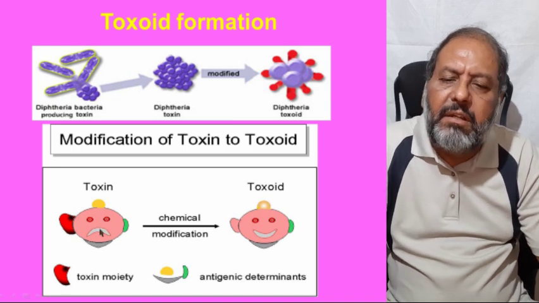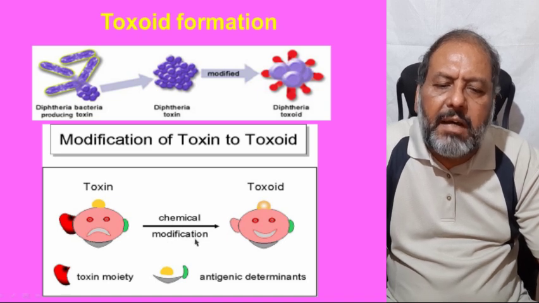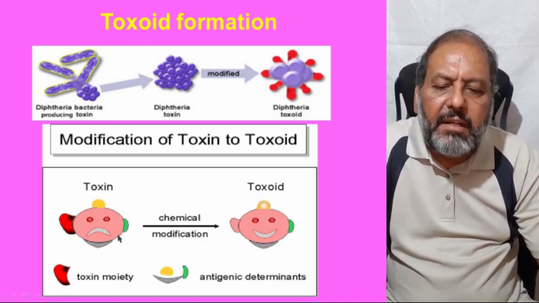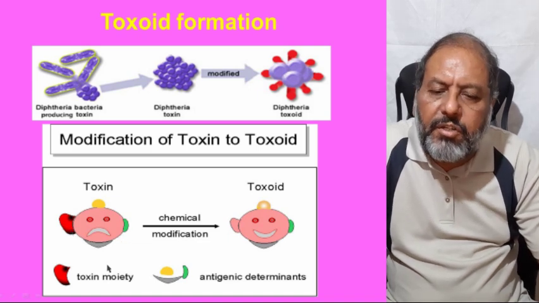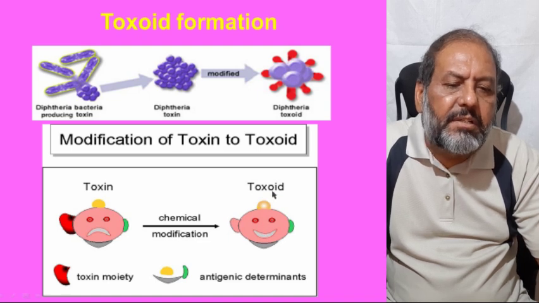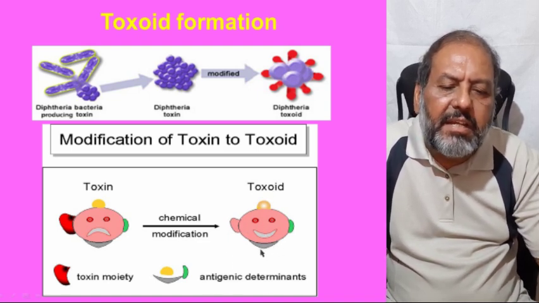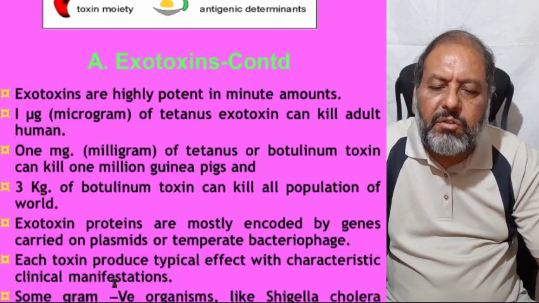Similarly, one can see the toxin under chemical modification becoming toxoid. As you can see, the toxin moiety of the toxin has been detached, and that is just now toxoid, and that is the antigenic determinant because of loss of the toxin moiety.